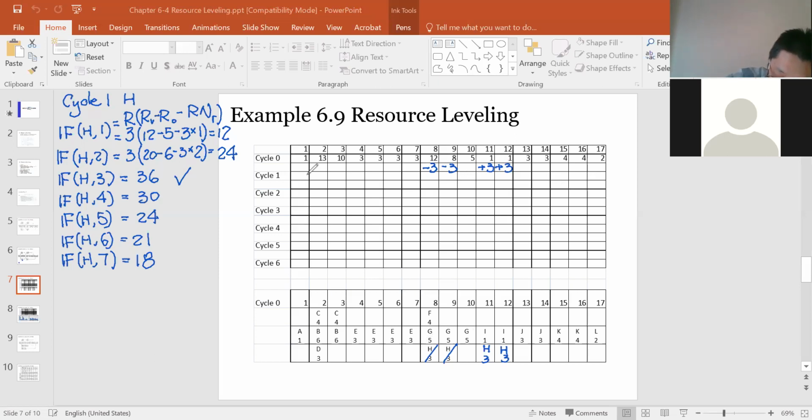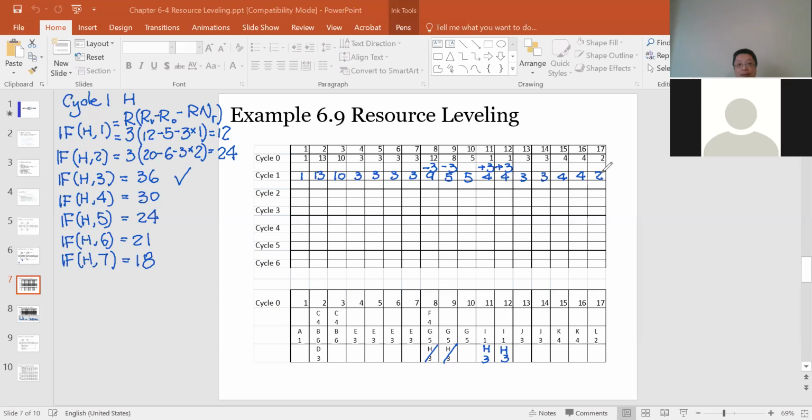This one goes to 1, 13, 10, 3, 3, 3, 3. This is 12 minus 3, that gave you a 9. 8 minus 3, that gave you a 5. This is 5. This is 4, 4, 3, 3, 4, 4, 2. So that's after the first round, first cycle of analysis. Basically, we shifted H. Then we got this. Then we finished the H.